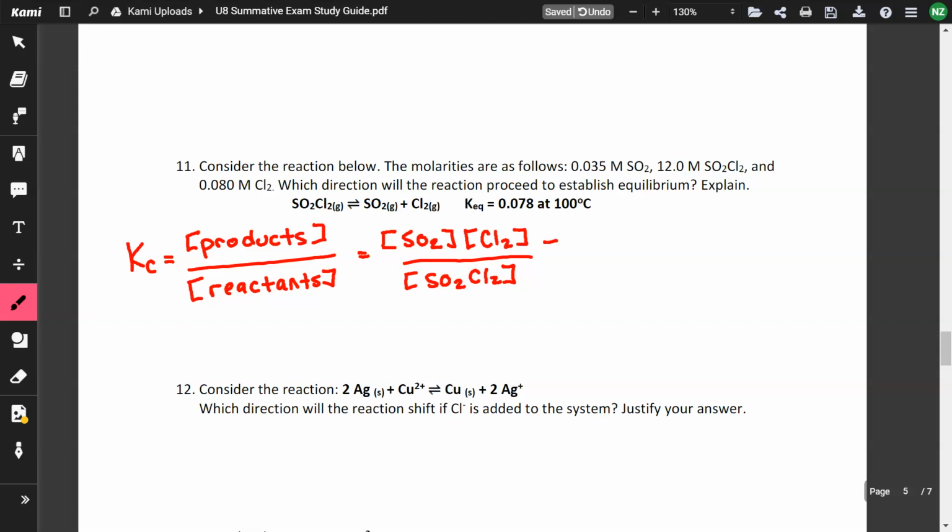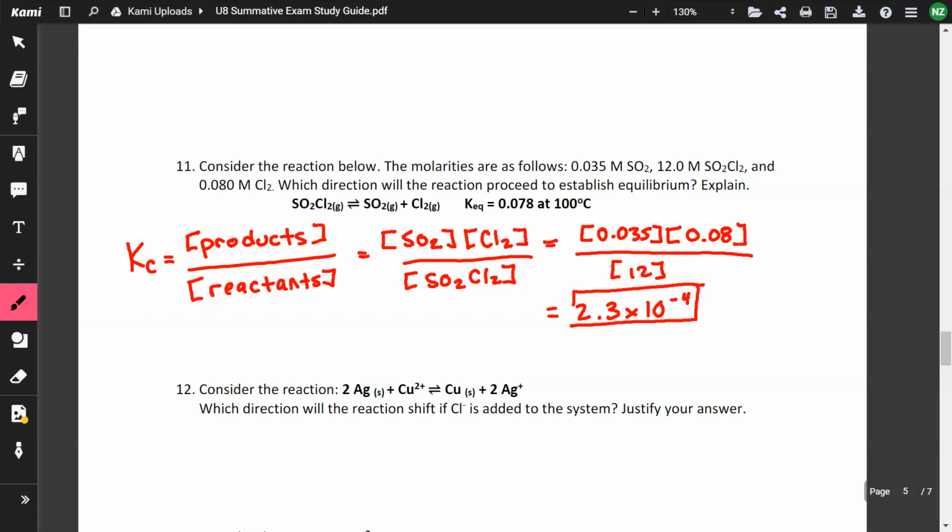So let's plug in what we've got. SO2 is 0.035. Cl2 is 0.08. And our SO2Cl2 is 12. So when we do that, you get an answer of 2.3 times 10 to the minus 4.